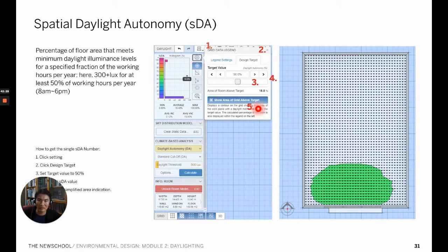Therefore, this single number, which is 18.8% in this case, conveniently describes the quality of the room in terms of daylighting. The larger this number is, the more area of the room is daylit more than 50% of the time, based on the spatial daylight autonomy.